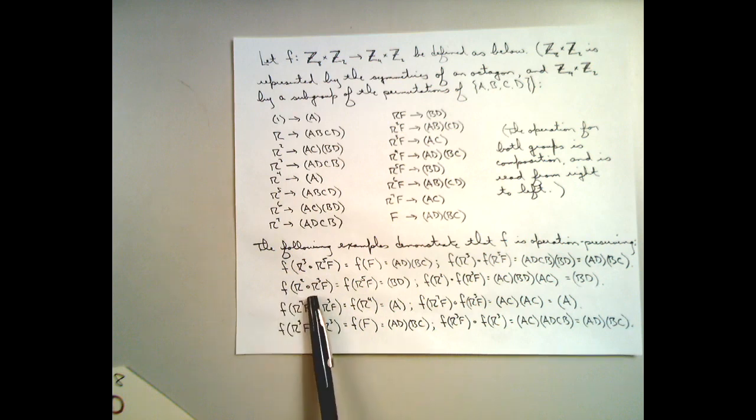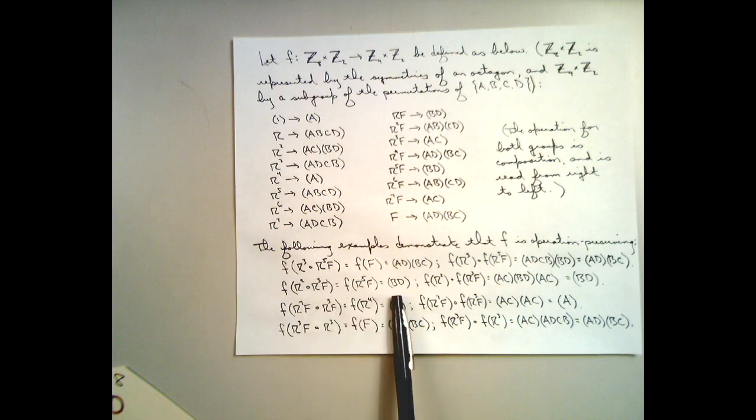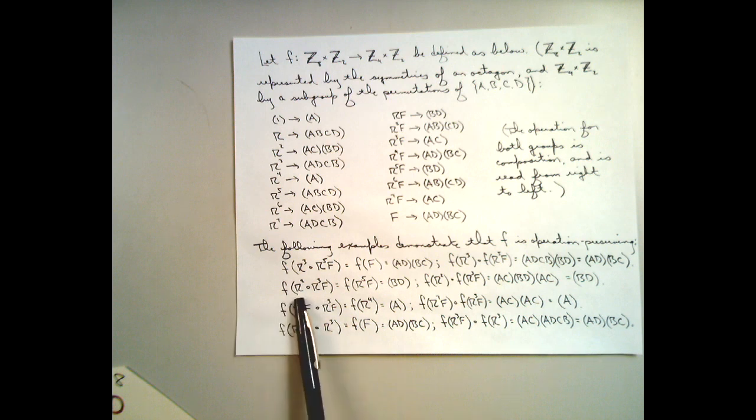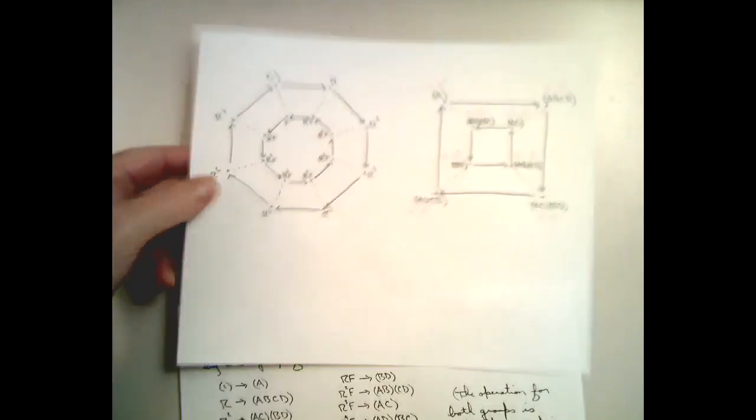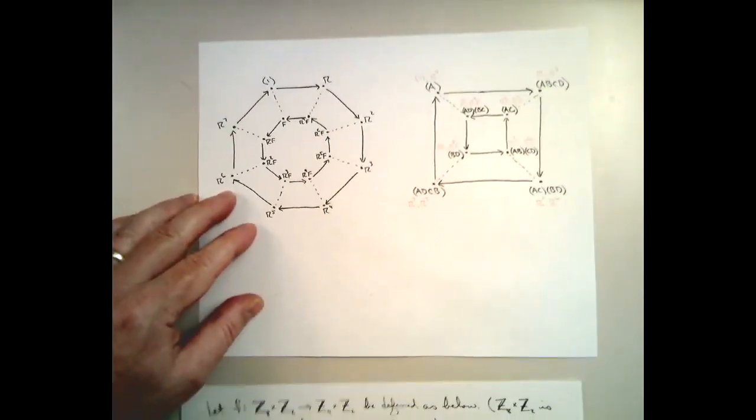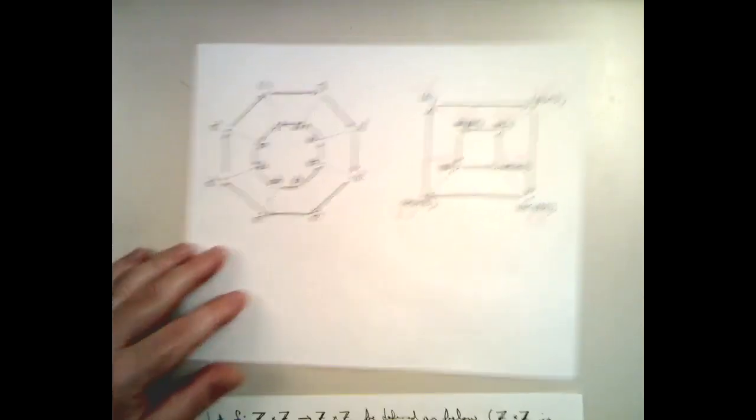F is going to send this composition to BD, but if I looked at what F did individually to each of those elements first, I also get BD, and so on. So this works for the entire group. This might make it a little bit clearer as to how I was defining that homomorphism.